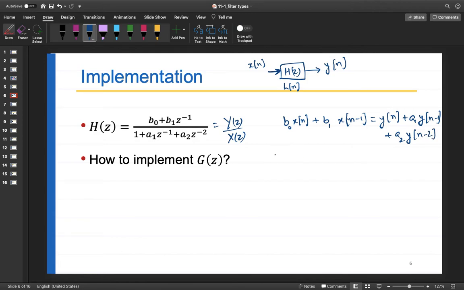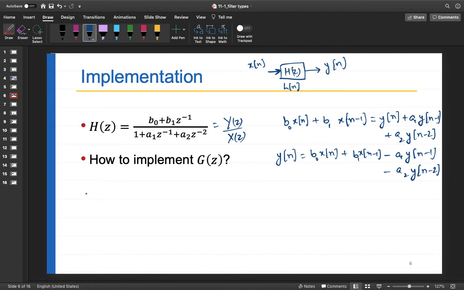Okay, so what is y n then? My y n is simply b naught times x n plus b1 times x n minus 1, minus a1 times y n minus 1, minus a2 times y of n minus 2, right? Simple algebra.